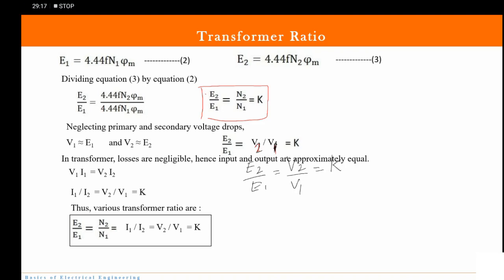All are the same. Please remember that all these ratios have the same value, and that value is known as transformer ratio, which is K.